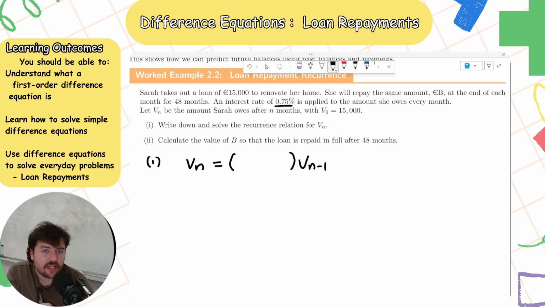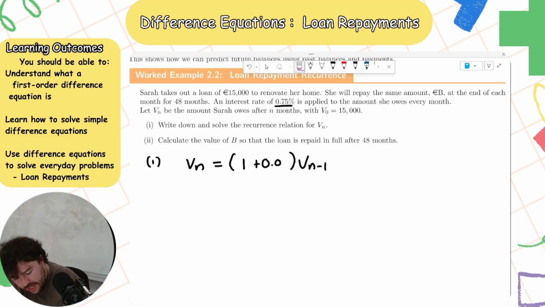The interest applied is 0.75%, so it's going to be 1 plus 0.75 divided by 100, which is 0.0075.